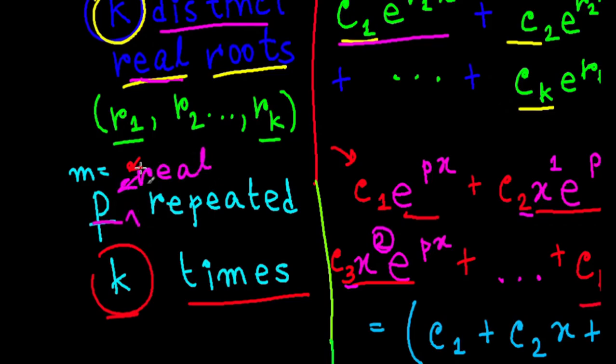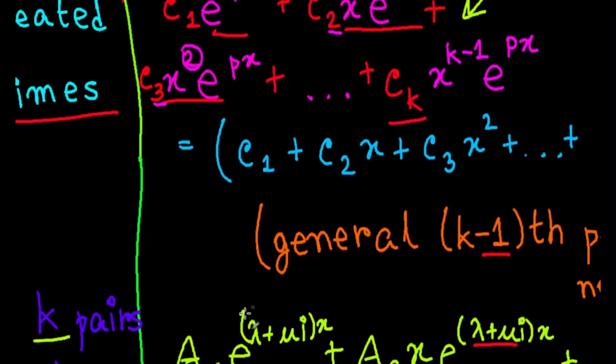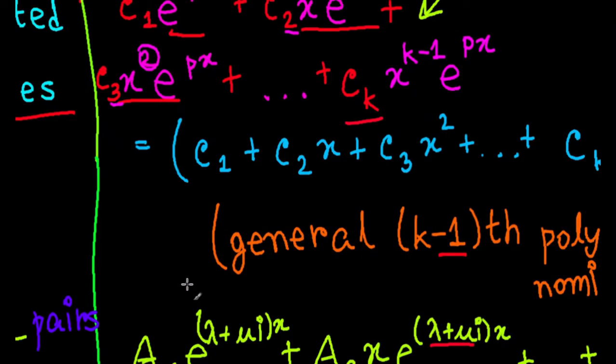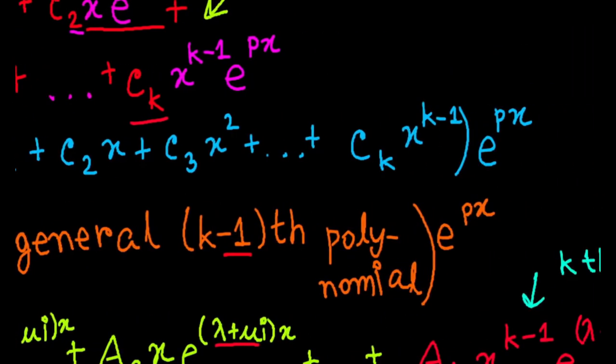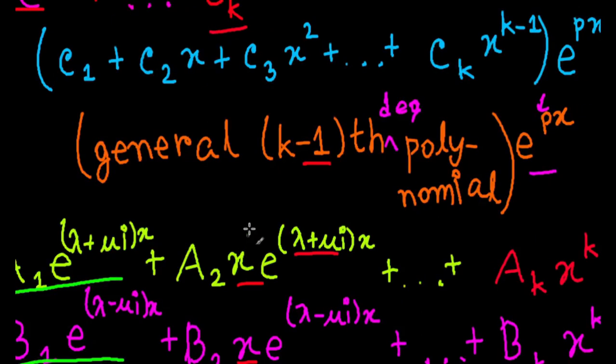So if you have a real root that's repeated k times, what we're gonna have is something like this. The way I remember it is you have your general k minus 1 degree polynomial in x, and then you multiply that by e to the power px, where p is your repeated root.